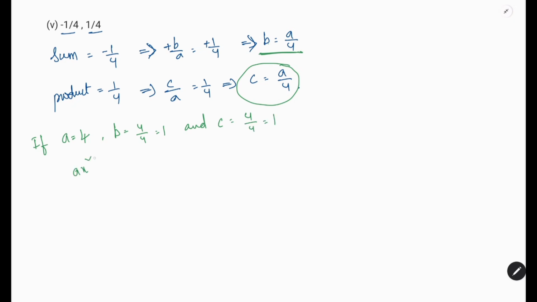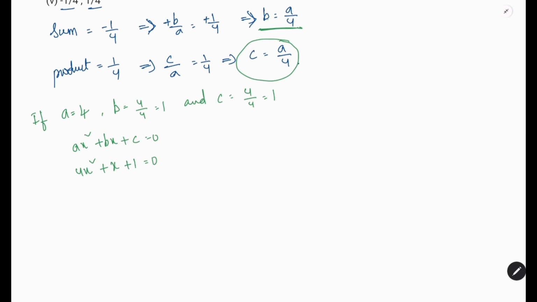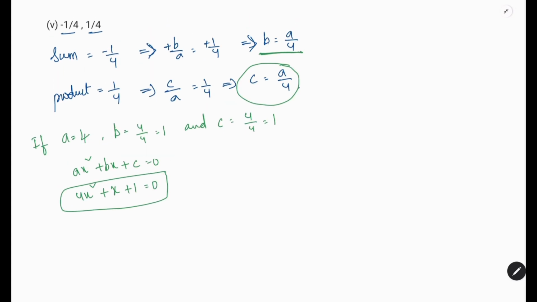Now substitute these values in this quadratic polynomial. A is 4x square, b is 1 plus 1 equal to 0. Now this is the quadratic polynomial.